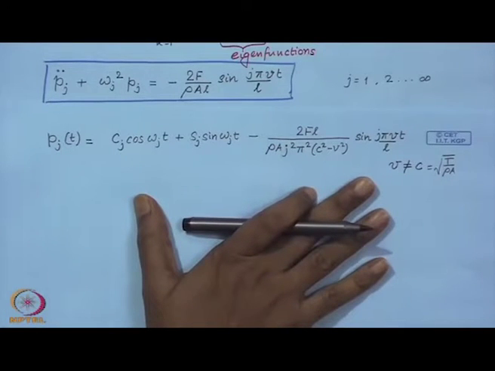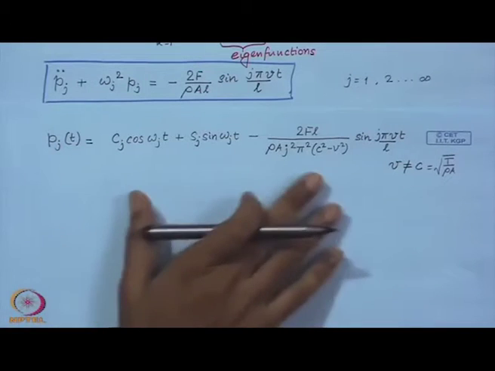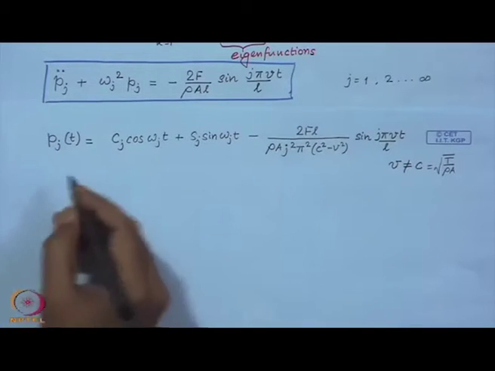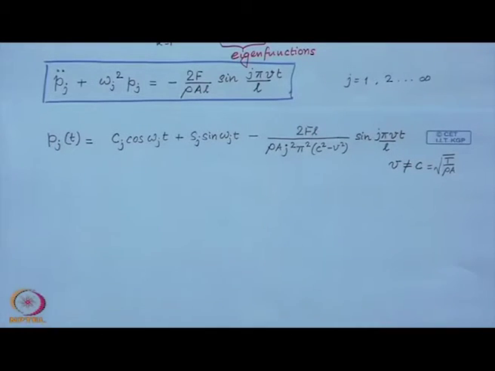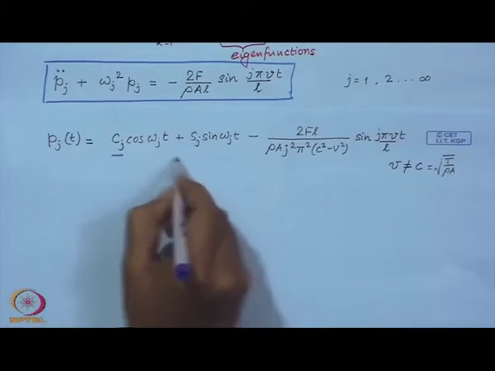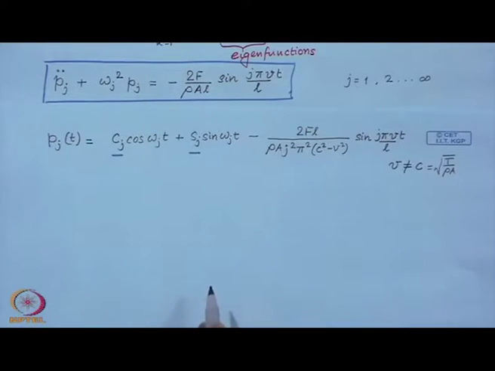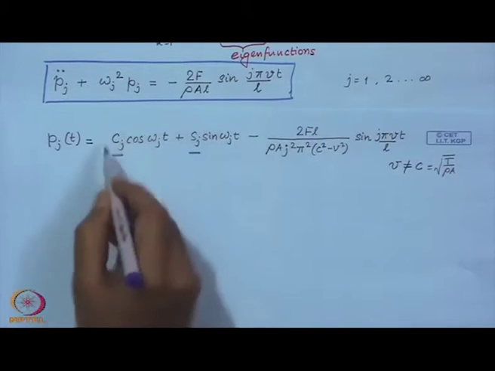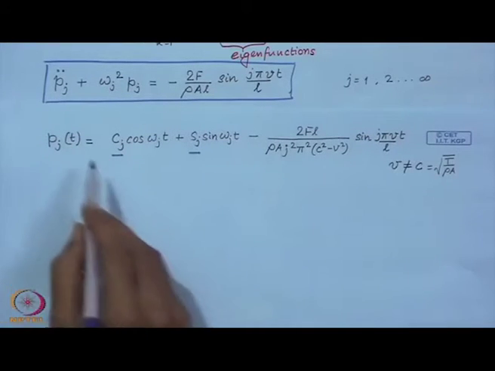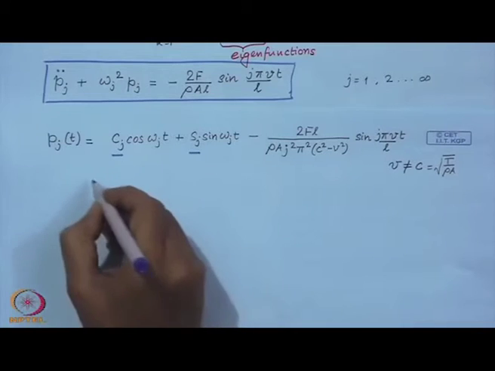Now, so this is a solution form, therefore, here these are unknown coefficients which form the homogeneous solution of this system, which have to be found out from the initial conditions.